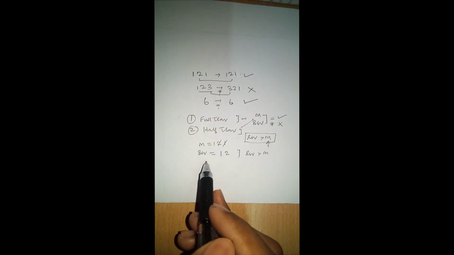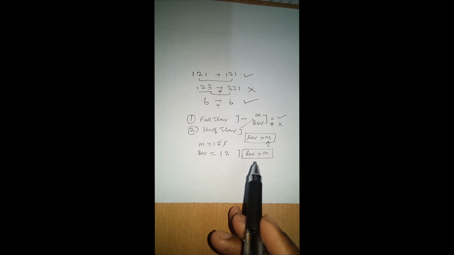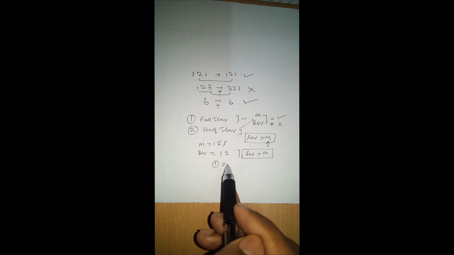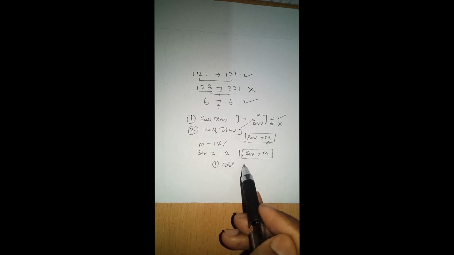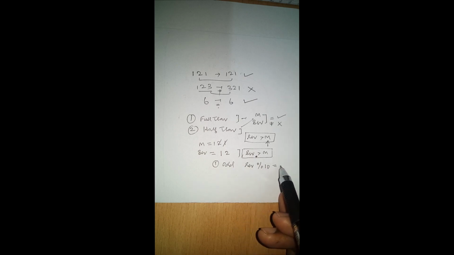Following that, we make two more observations. When this becomes true, in the case of odd palindromes, meaning those palindromes which have an odd number of digits, it will always hold true that the reverse modulo 10 is equal to the number.